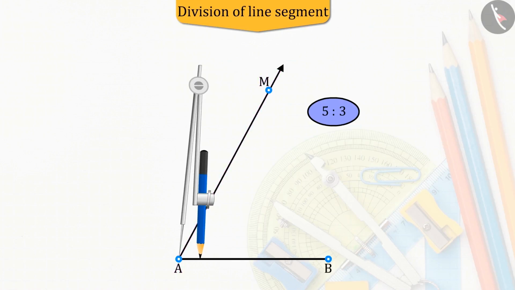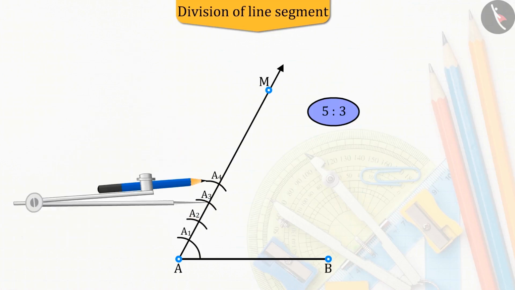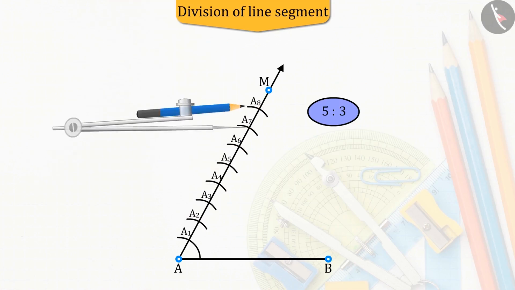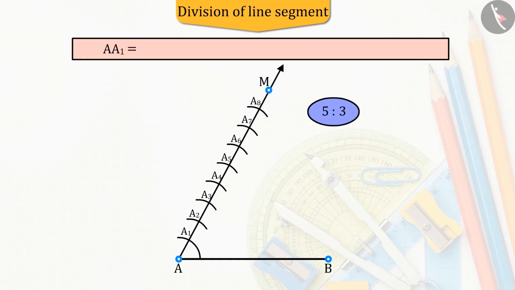Without changing the radius, on the ray AM, mark 8 arcs, that is, A1, A2, A3, A4, A5, A6, A7, A8 respectively, so that AA1 equals A1A2 equals A2A3 equals A3A4 equals A4A5 equals A5A6 equals A6A7 equals A7A8.